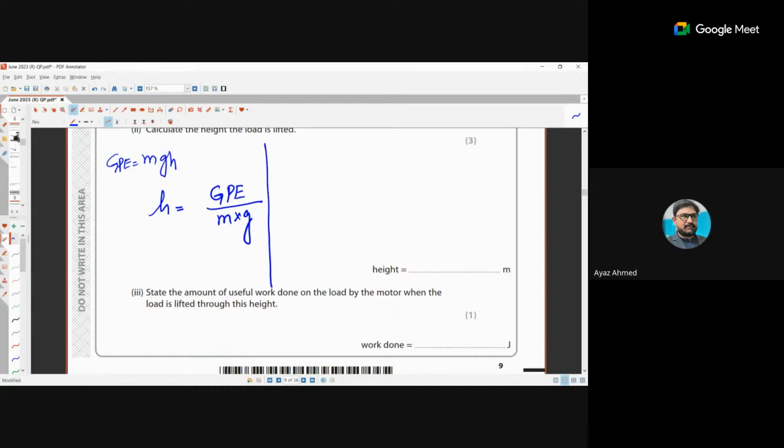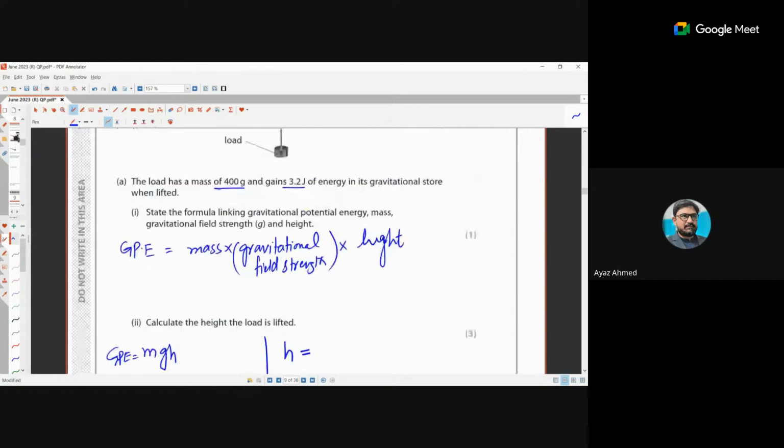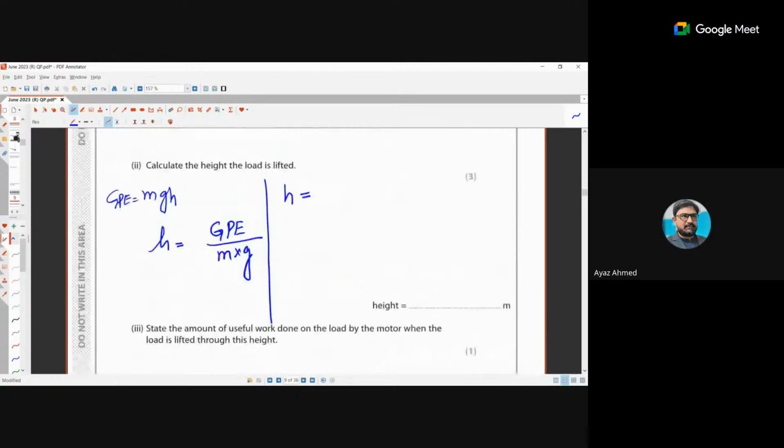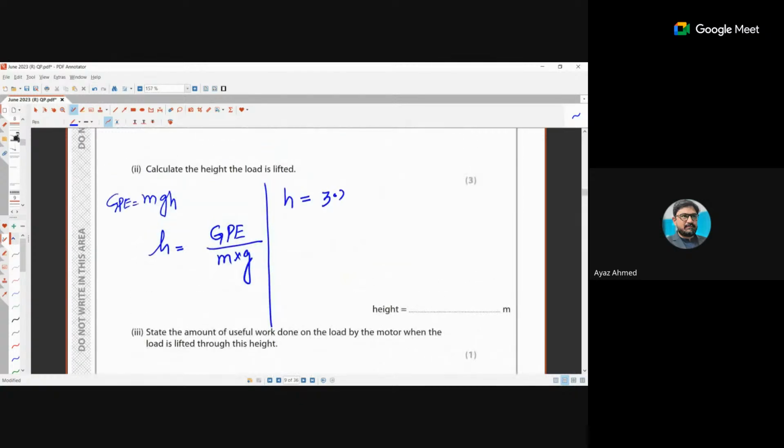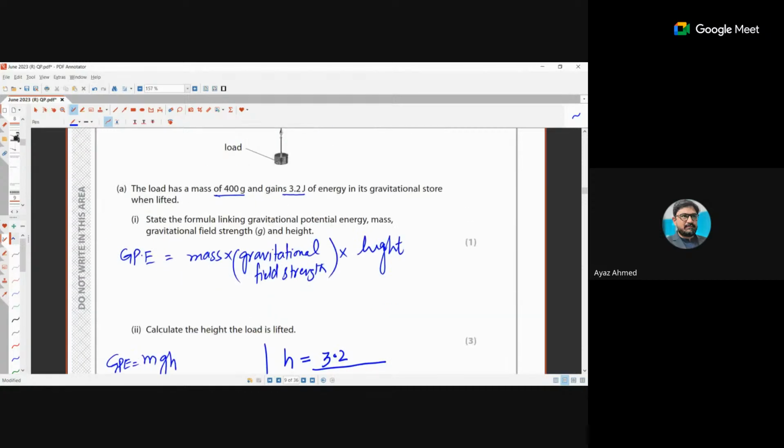So for 3 marks you have to use all that pattern what I have solved for you. So height is equal to, what is the gravitational potential energy? The gravitational potential energy is basically 3.2 joules. Okay, 3.2 joules, and mass of that load, that is 400 grams.